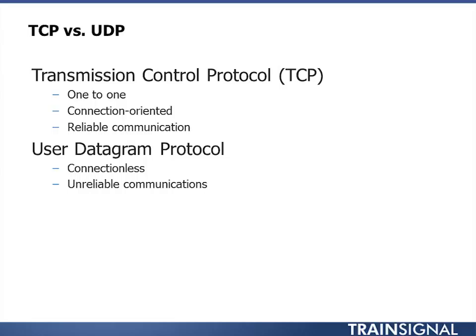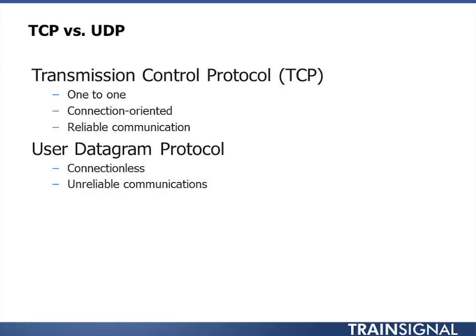It's what's known as connection-oriented, and I'll explain what that means in just a moment. Because it's connection-oriented, it's considered to provide reliable communication, whereas UDP is known as connectionless and therefore is unreliable.